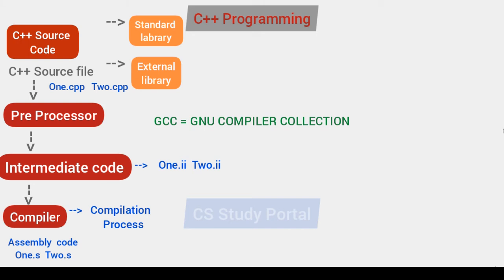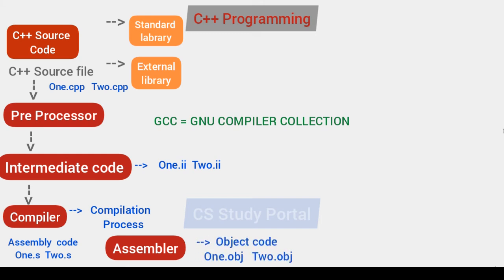2.cpp. Now the next thing that we have to do is translate the assembly code to machine code, and for that purpose we use a program called an assembler. The assembler will take the assembly code and generate the object code or the machine code. The file containing the object code is called the object file, and this will contain the machine representation of the source code.